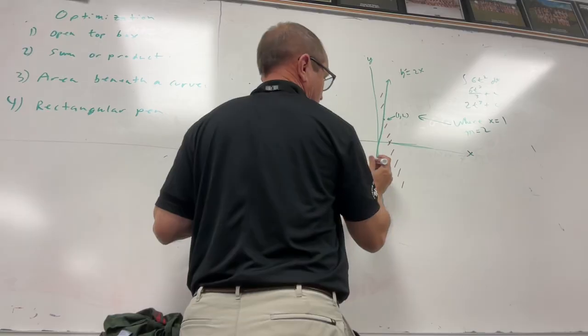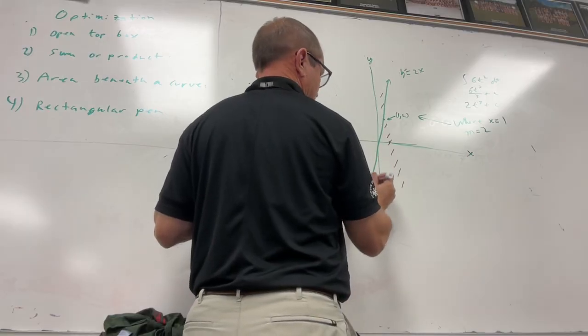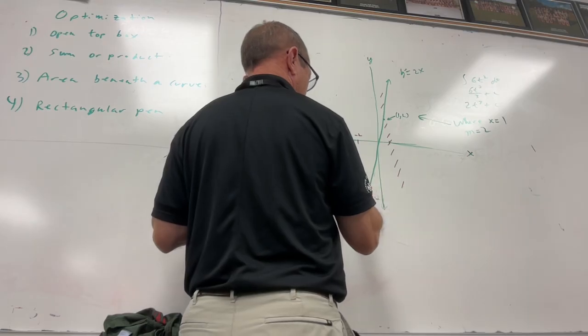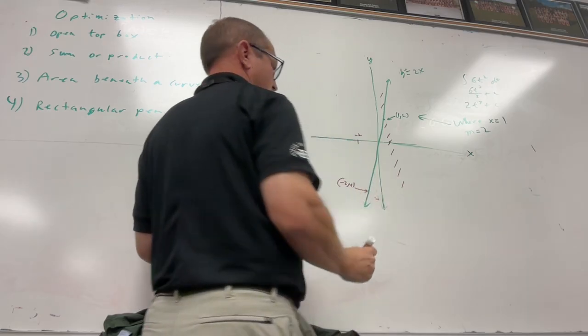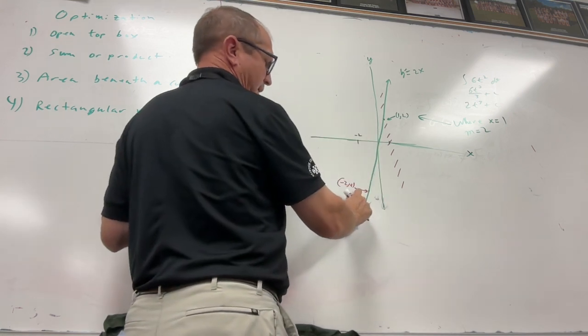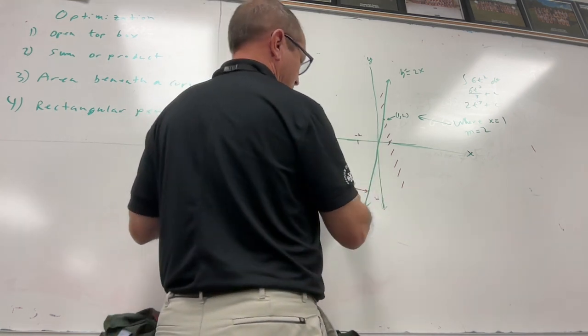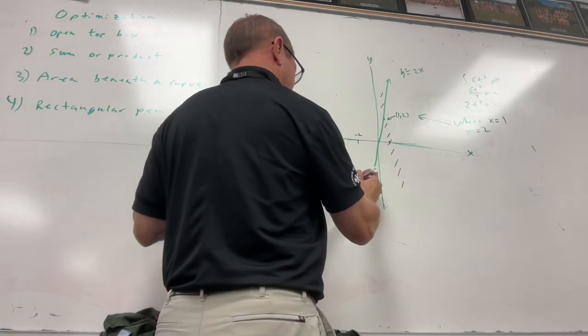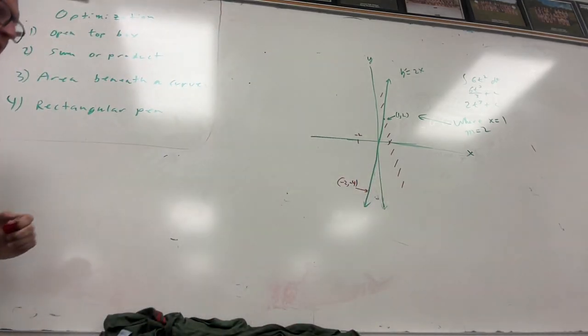Likewise, let's just say that this is the point -2, -4. Everywhere that x is equal to -2, I have a slope of -4. I wrote that wrong. I think I said -4, but I wrote 4.